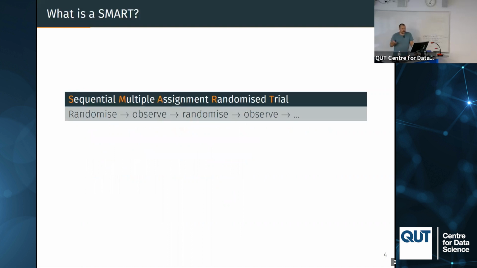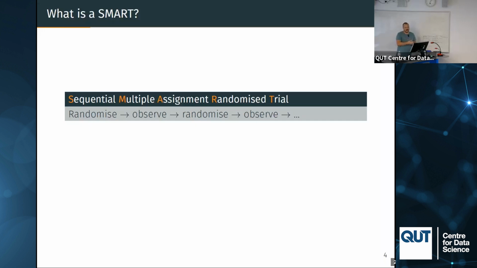So a SMART stands for sequential multiple assignment randomised trial. That's a pretty broad and again vague definition, but all it really means is that it's a trial where patients are randomised to a treatment, and then they have an outcome of that treatment observed.